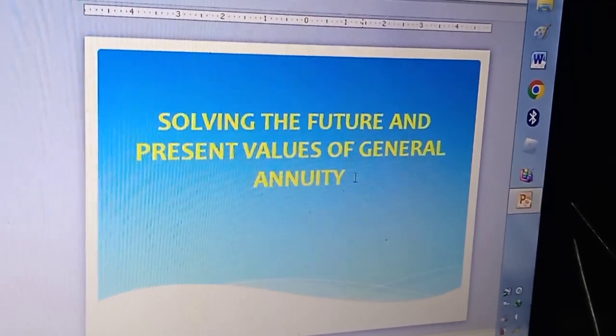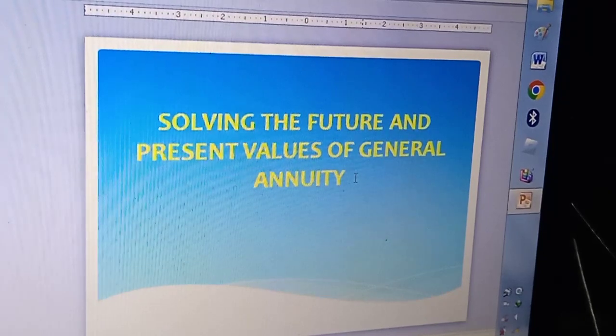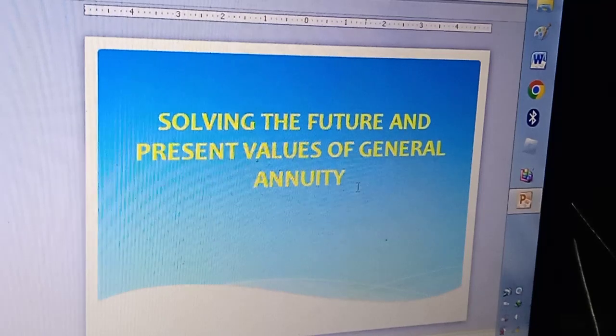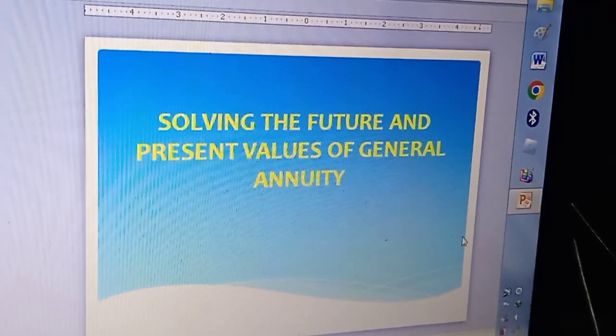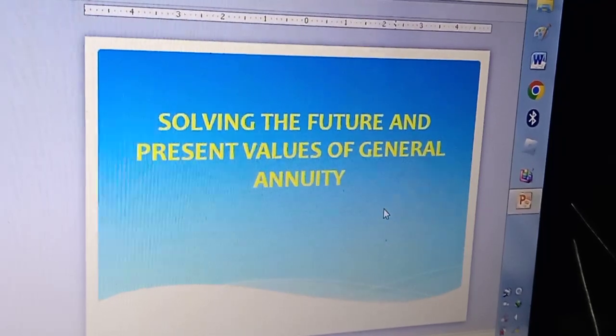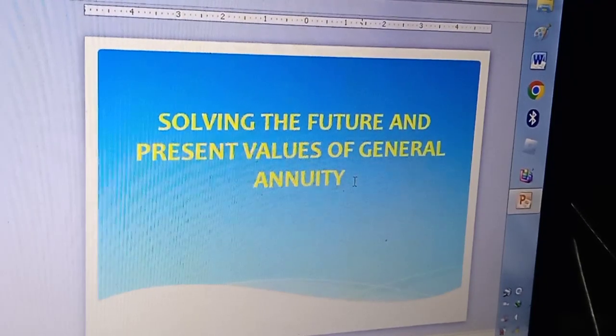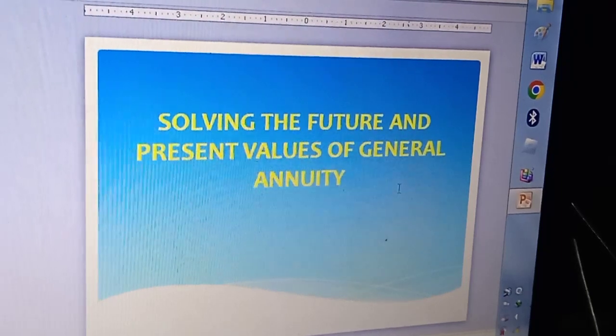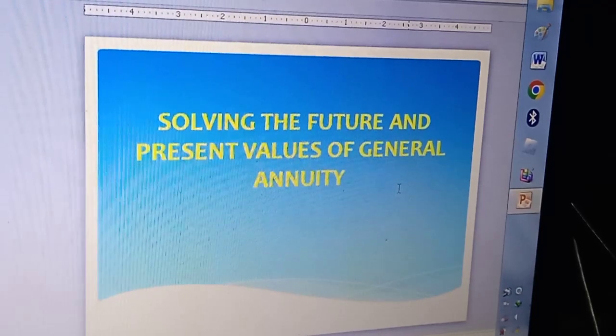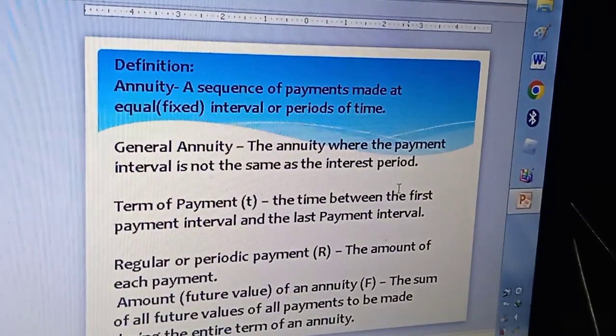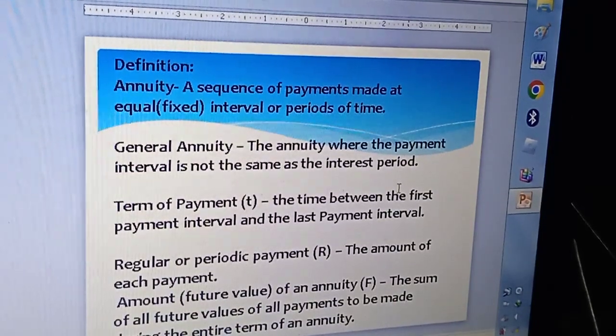But remember that the future values of the general annuity during the compounding period and the payment period are the same. The only difference is that the compounding period does not happen during the payment period. So there is a need for converting the rate during the compounding period to the rate during the payment period.